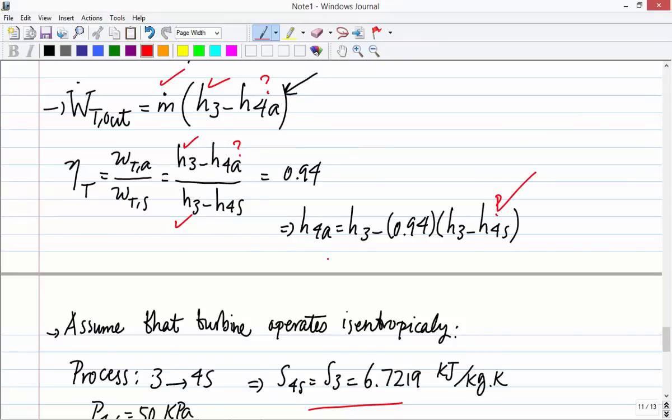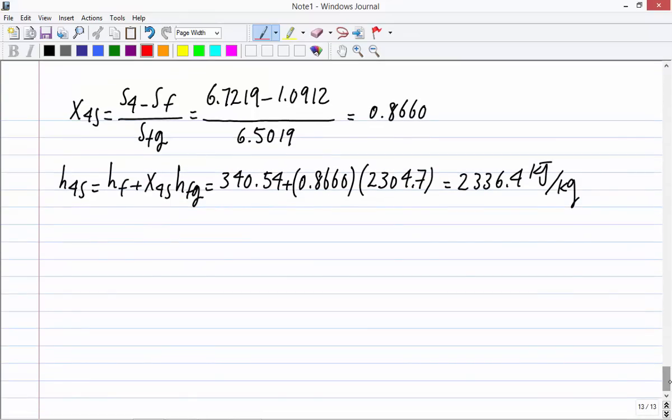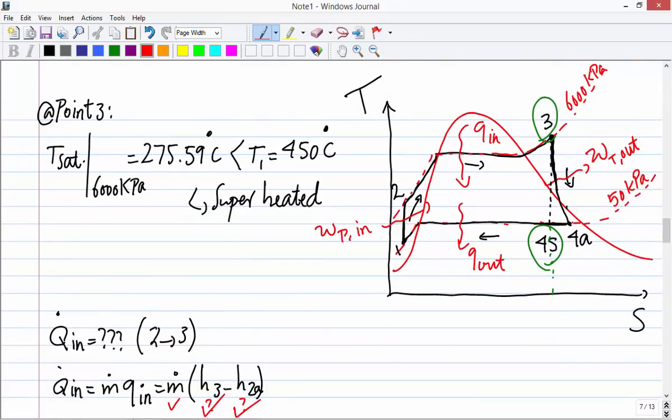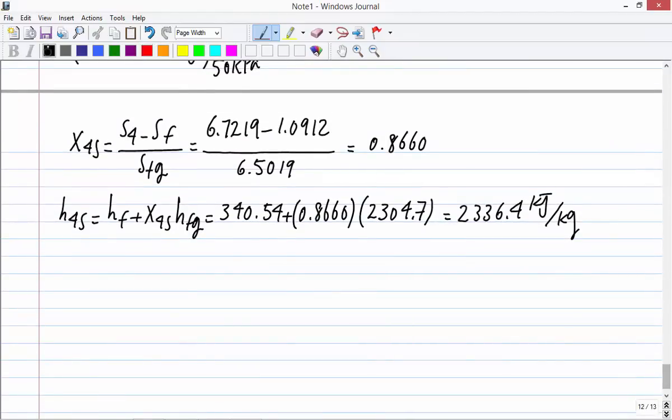Now I can solve for H4A, the actual enthalpy at point 4. Right there, you have no idea where it is for A, it's just somewhere. Now you know exactly where it is by knowing enthalpy at that point.